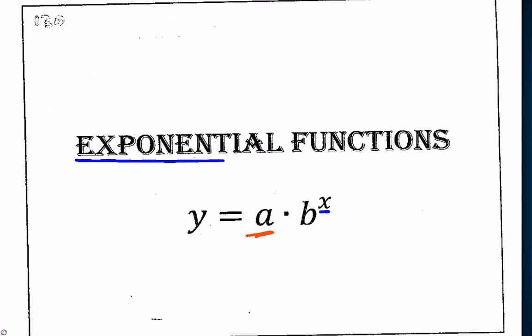The first thing is what we call the a, which is our initial or starting value. The other thing we have is what we call our growth or decay factor, which is b.